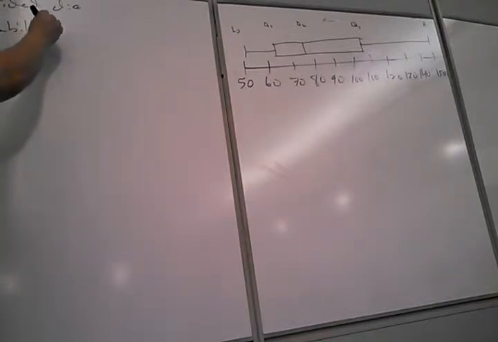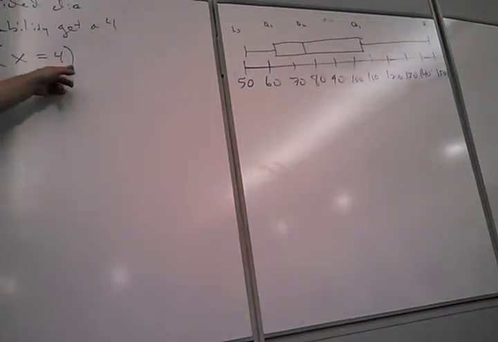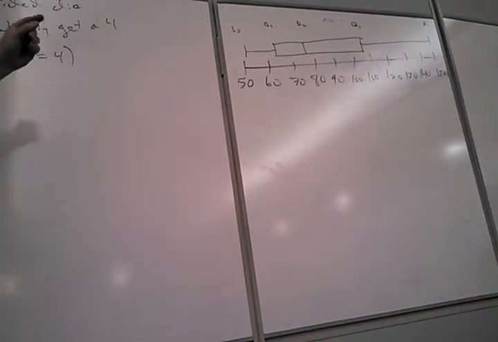Yeah, the probability I get a 4. The way that I write that is probability that the value is 4. That's how to read that: the probability that the value I get is 4. You could also say the percentage of the time that the value is 4, because probability is very intimately tied to percentages.